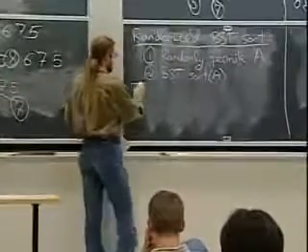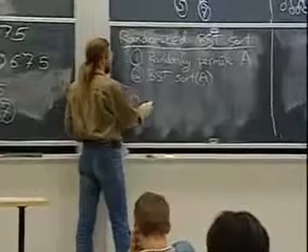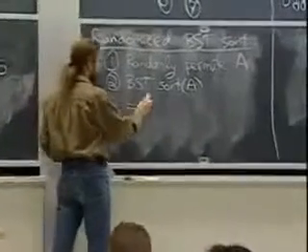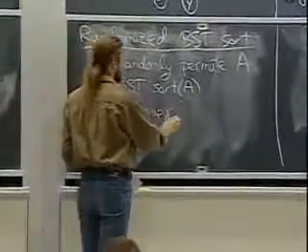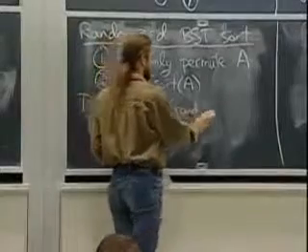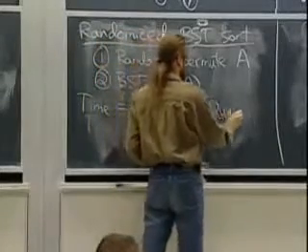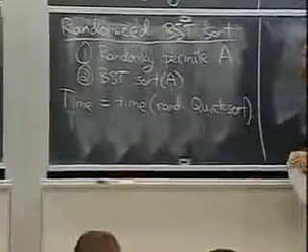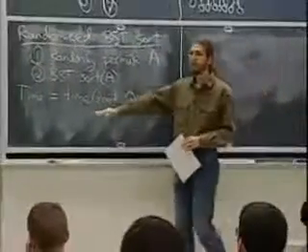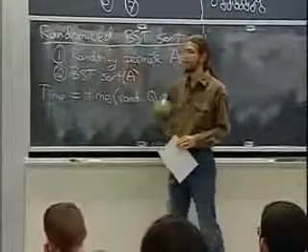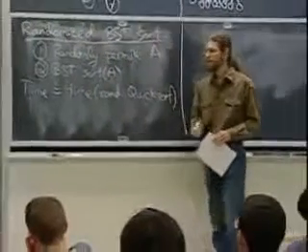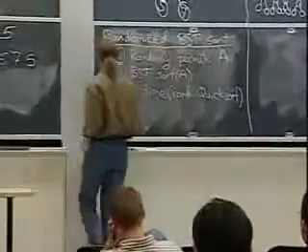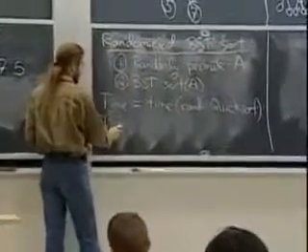So the time of this algorithm equals the time of randomized quicksort, because we're making the same comparisons, so the number of comparisons is equal. And this is true as random variables. The running time of this algorithm is equal to the random variable of the other algorithm. In particular, the expectations are the same.